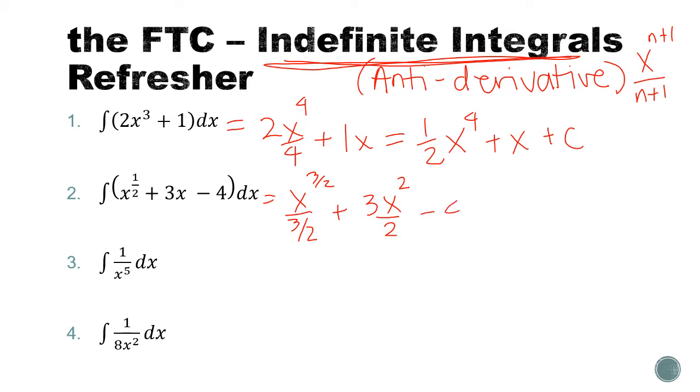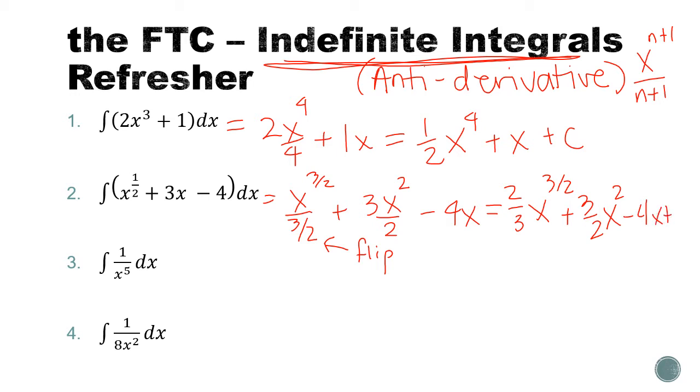And then minus 4x, and then I'm going to simplify it. When you simplify, you flip any fractions on the denominator, so it's going to become 2/3 x to the 3/2 plus 3/2 x squared, however you want to write that, and minus 4x plus c.